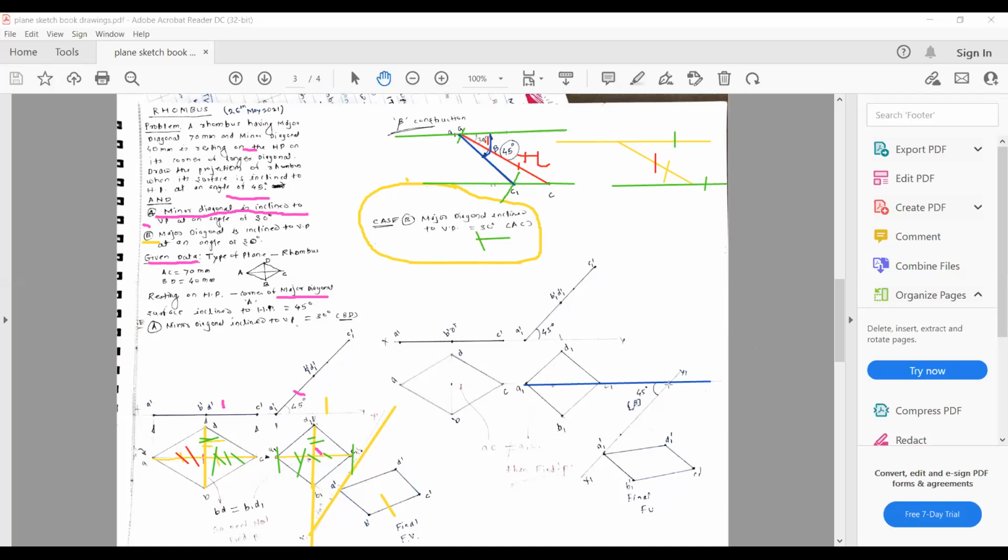So extend this, mark any one point here, and through this point draw a line at an angle of 45 degrees. That is nothing but the beta angle. Okay, and draw a line at 45 degrees. This line is going to be the x1 y1 line, which is on the extension of this major diagonal.